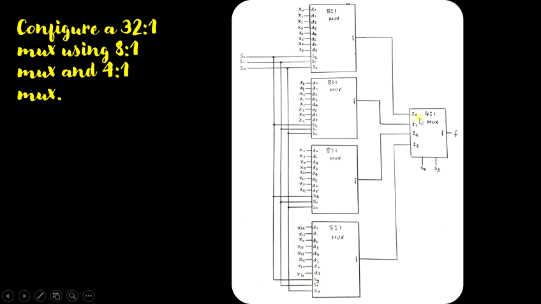So this is represented as I0, I1, I2, I3, which corresponds to the output of each of the 8:1 mux. And depending upon the select lines S4 and S3, you are going to appropriately get the output F to be equal to I0, I1, I2 or I3.